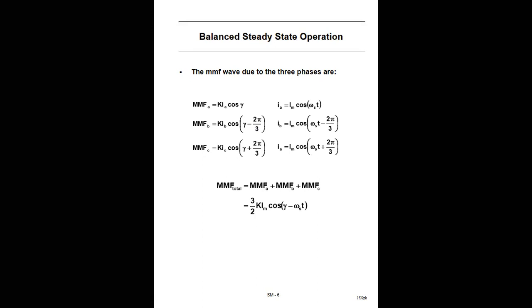The total MMF is the summation of the MMF of all three phases, that is, MMF of phase A, phase B, and phase C. Mathematically, we can express the total MMF as 3 by 2 K IM cos(gamma minus omega_s t).